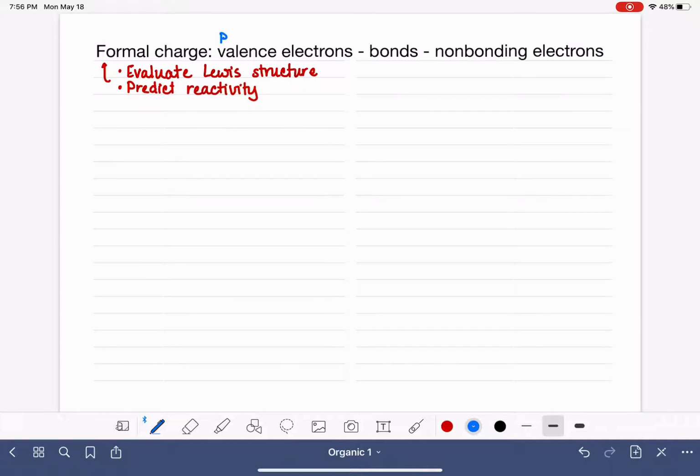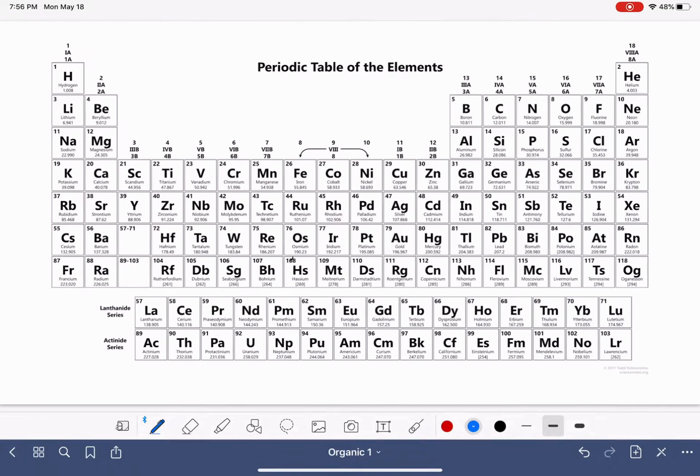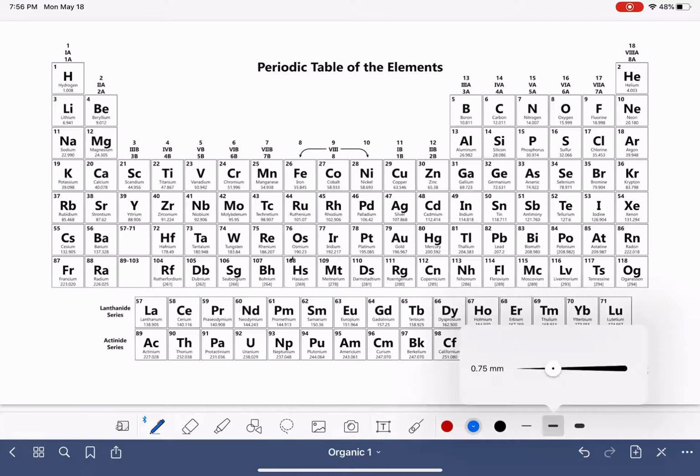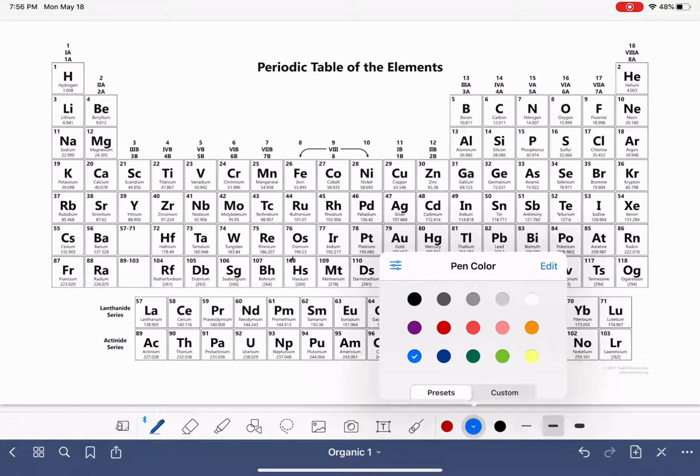Valence electrons are found on the periodic table, the number of valence electrons. Let's take a look at a periodic table real quick and just refresh how we would use the periodic table to come up with the number of valence electrons.